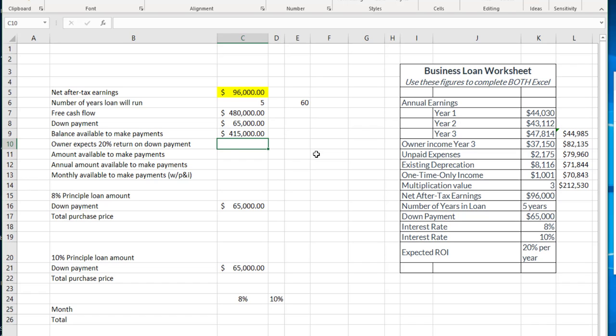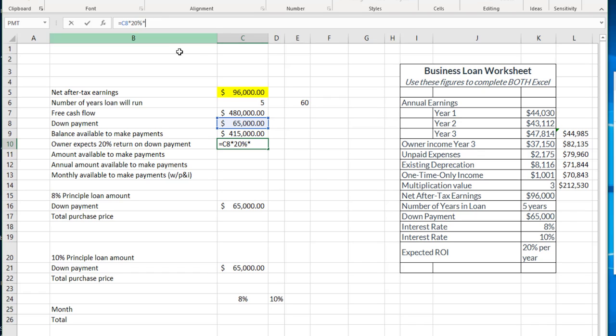Now, the owner expects a 10% return on their down payment. So that means they're going to place a value of that money of 20% per year. So that means it's $65,000 times 20%, and that's 13, but it's per year.